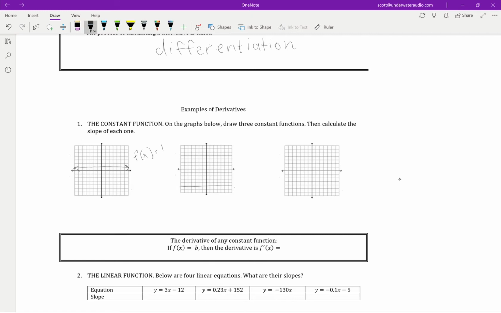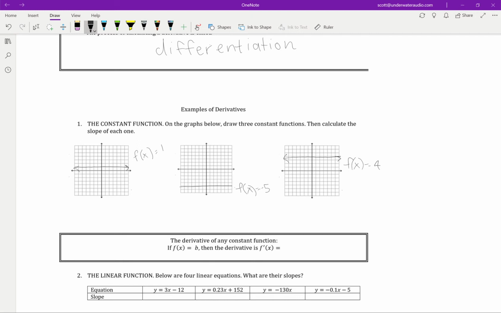This is f of x equals -5. And then let's do here. That's not my best straight line, but we'll say that's f of x equals 4. So these are constant functions. Notice that they're all just horizontal lines.